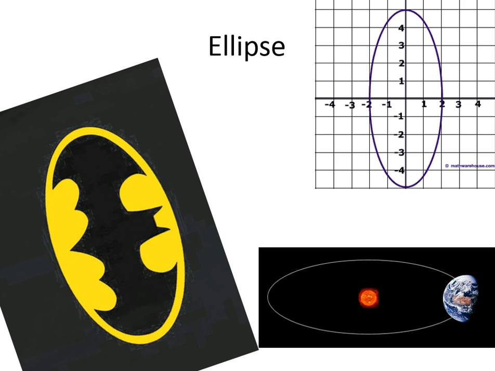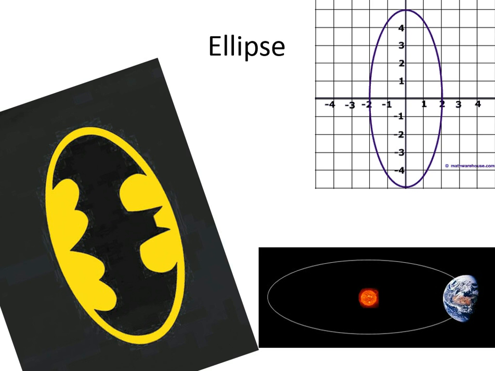The next one is an ellipse. An ellipse is also an oval, which is what you might have mostly heard. An example of an ellipse is the Batman logo. The bat is inside an ellipse. The yellow object is an ellipse, and actually there are other ellipses in there that make it up. As you see, it's kind of like a circle, but you've taken 2 points opposite each other and pulled them a little bit, or you can think of squishing them a little bit.